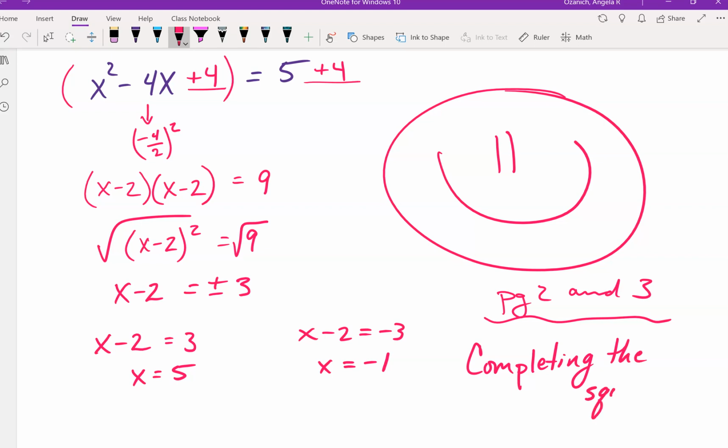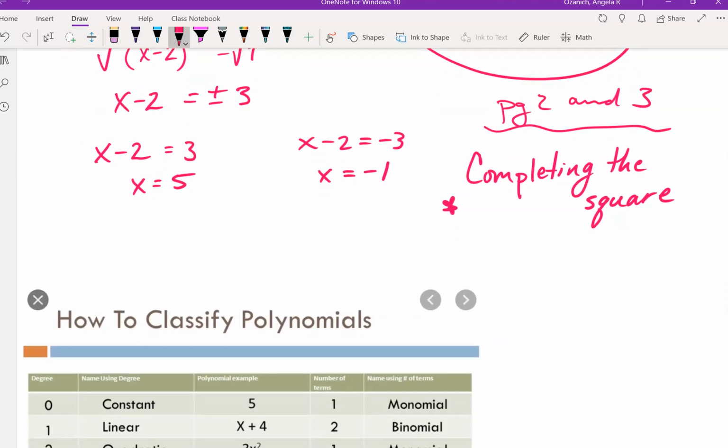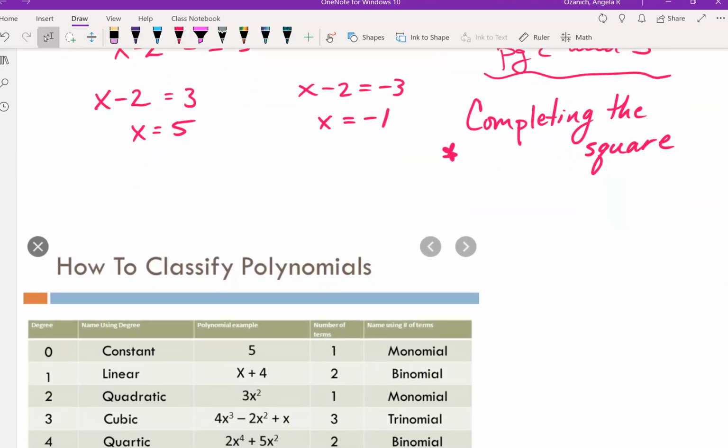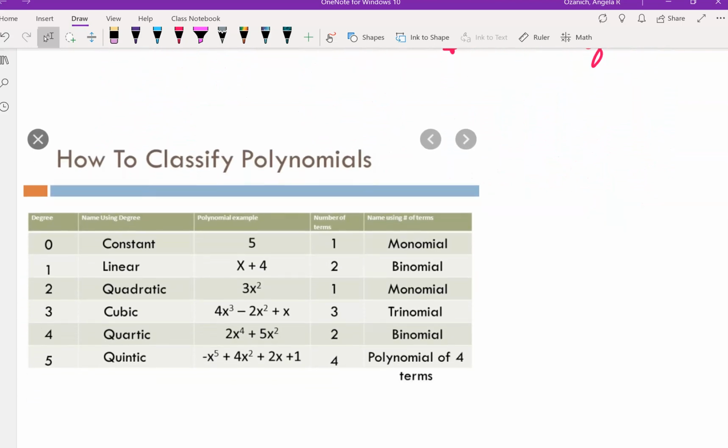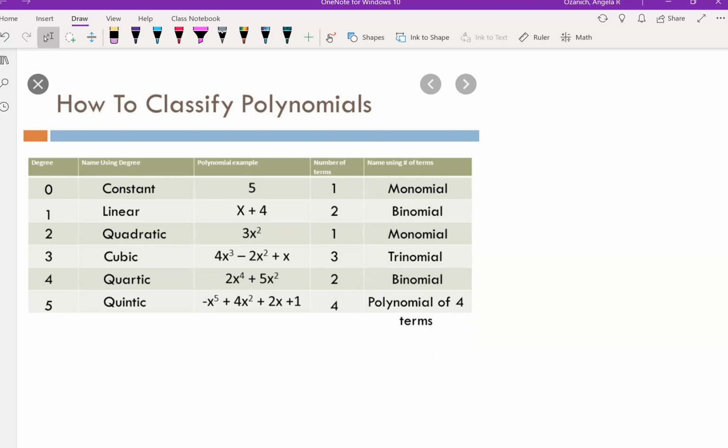Okay, and then because we have time in this particular little video here, I just wanted to show you a diagram that will help you with one of your homework assignments this week. And that is with this idea of classifying polynomials. So as you take a look at this picture, this is just a really nice overview.